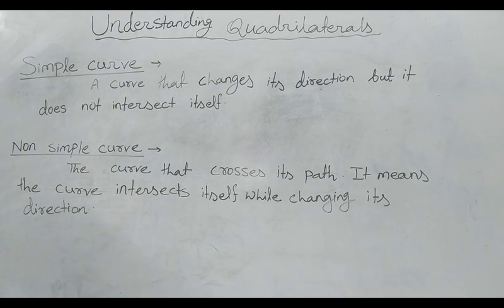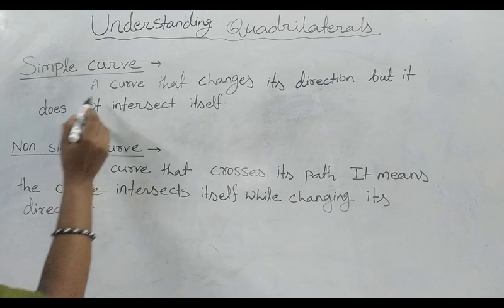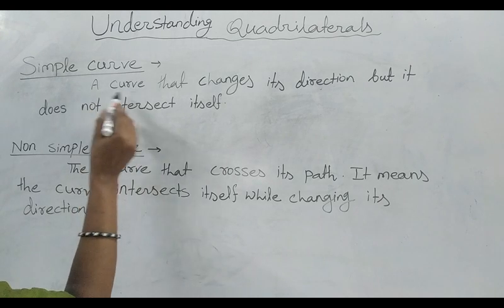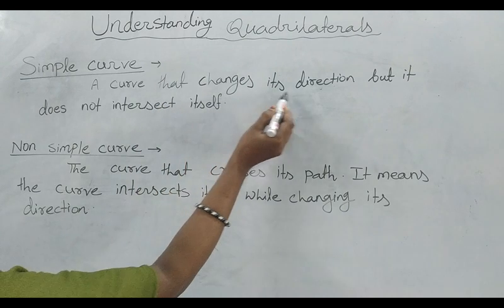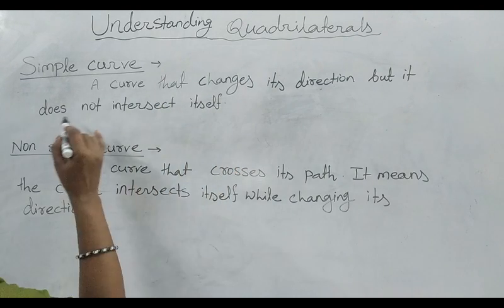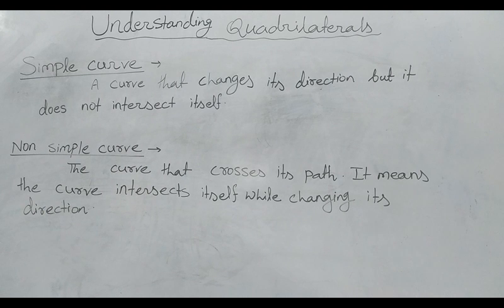Now here we are going to look at the simple curve and the non-simple curve. Look at the definition: a simple curve is a curve that changes its direction but does not intersect itself.